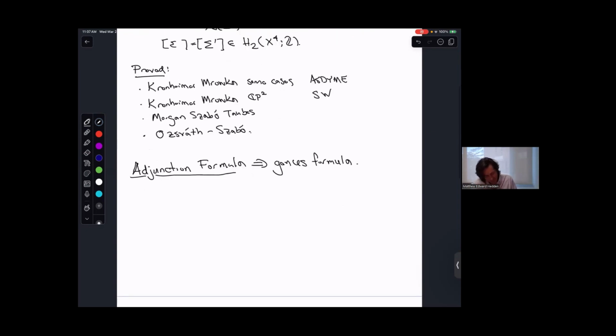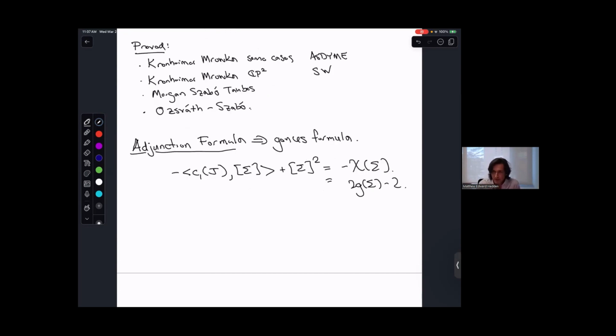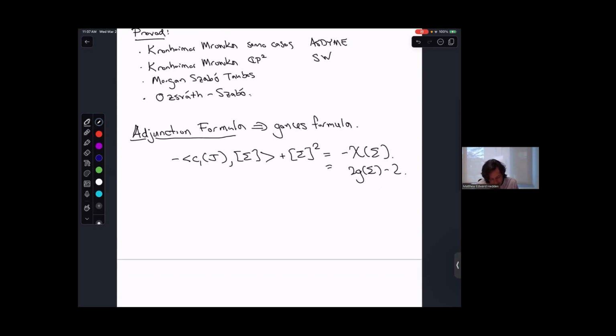So this says, if in the situation above, we have negative c1 of J, the complex structure in question, evaluated on the homology class of this curve, plus the square of that homology class, equals negative the Euler characteristic. And so, this being equal to 2g minus 2, this gives us a nice method for computing the genus of a complex curve if you know the Chern class of the complex structure in which it sits.